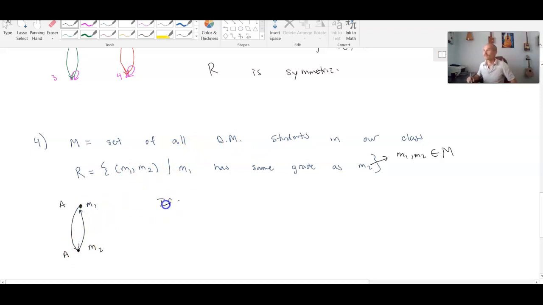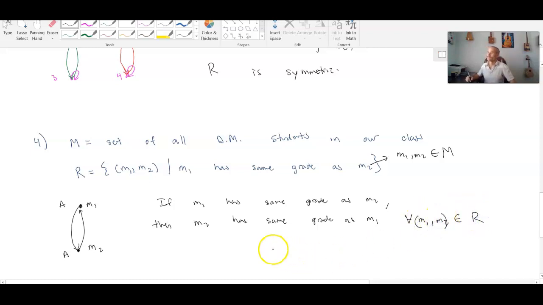So if M1 has the same grade as M2, then it's almost kind of obvious, I guess, M2 has the same grade as M1. And therefore, this is going to be true for all M1, M2 in the relation. Perfect. So that means R is symmetric.